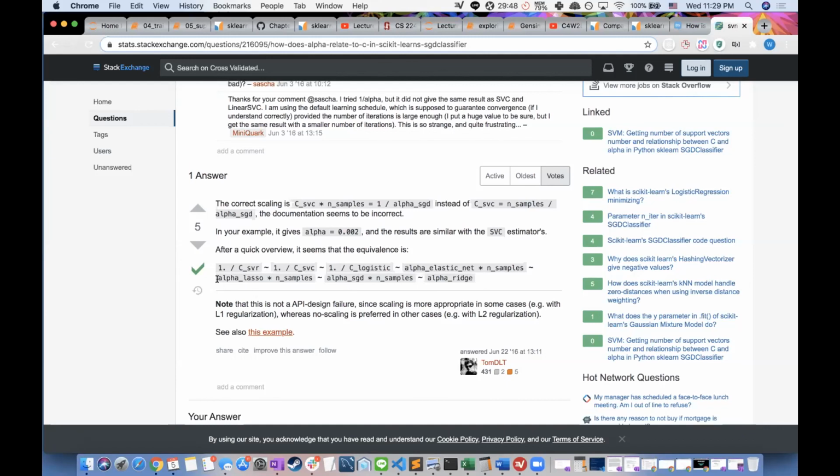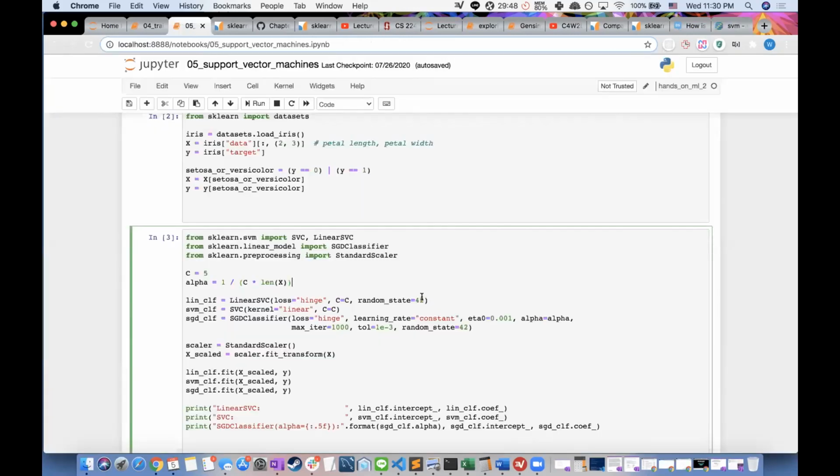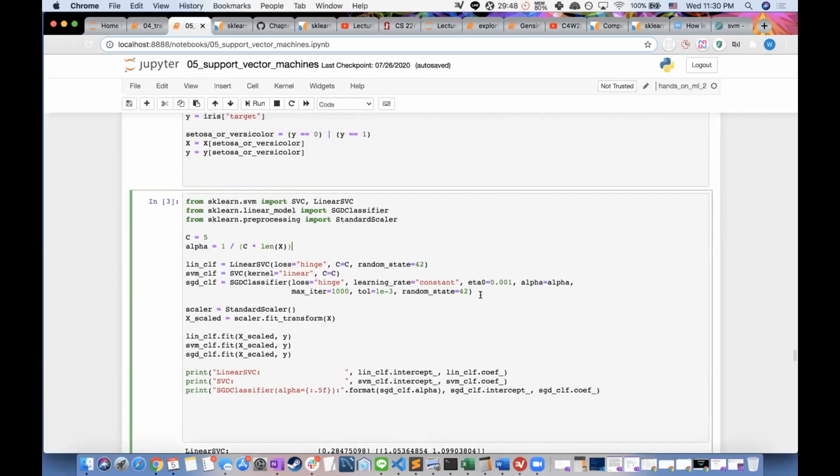It was also saying the alphas are roughly equivalent. So pretty interesting. So back to the point, you don't have C here, but you can use alpha, and you can calculate alpha from C.